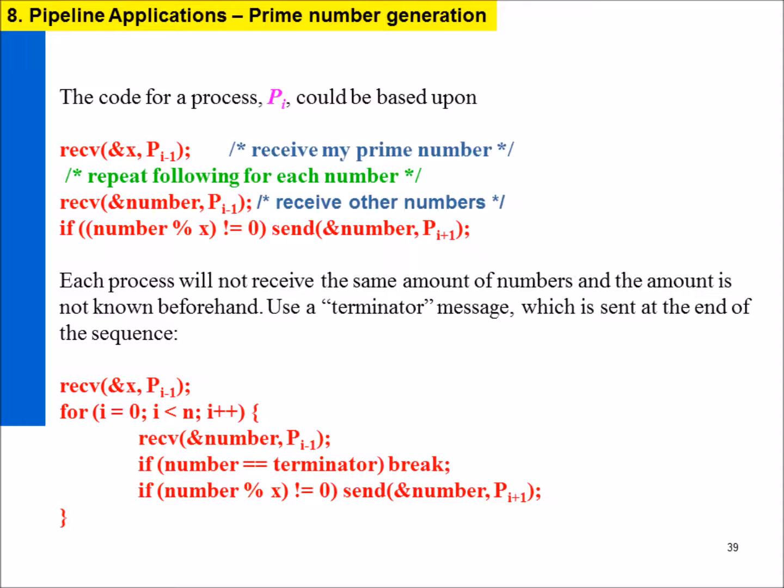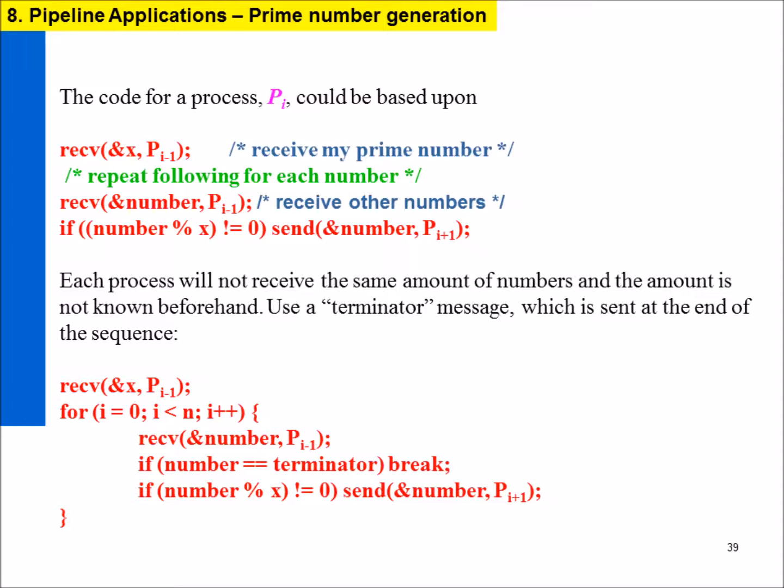A general technique for dealing with this situation in pipelines is to use a terminator message which is sent at the end of the sequence. Then each process could be receiving a number and we keep going, but if we find the terminator, we break out of the loop.